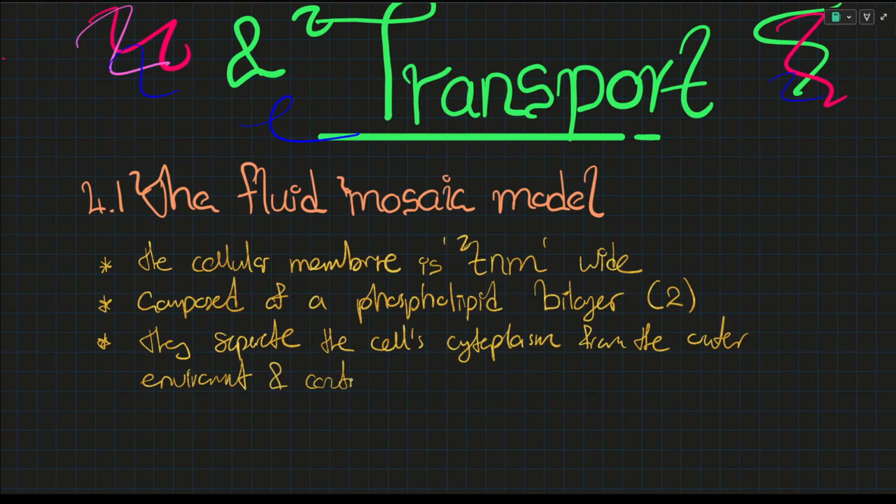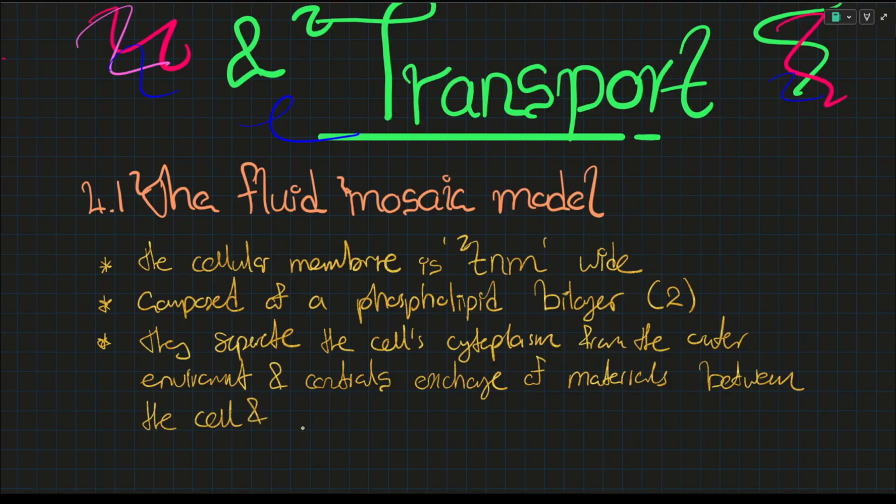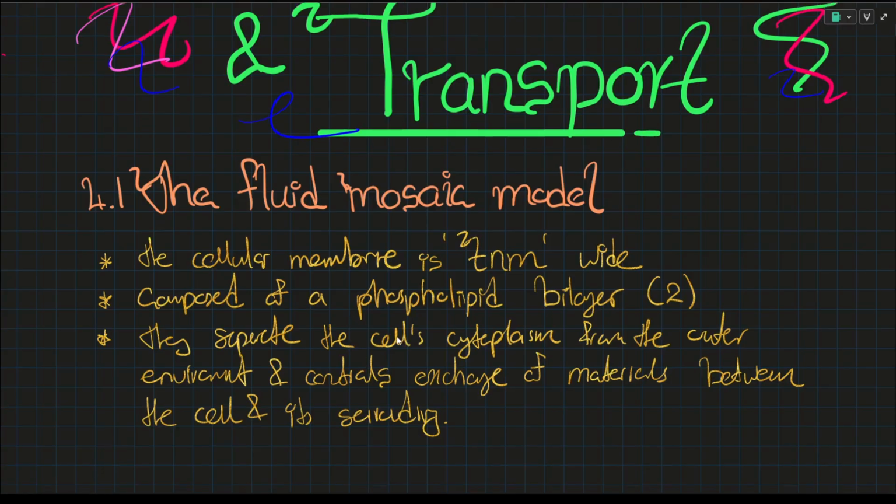And cell membranes are very crucial to control the exchange of materials between the cell and its surrounding. You'll understand all the different mechanisms that are going to be utilized by cell membranes to make sure they control the exchange of materials between them and the surrounding.